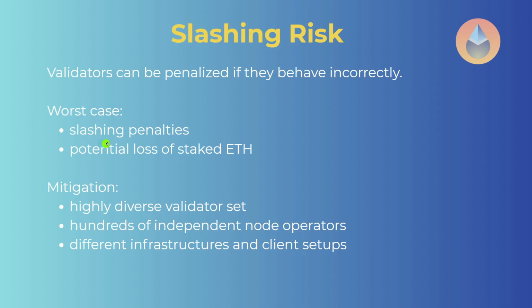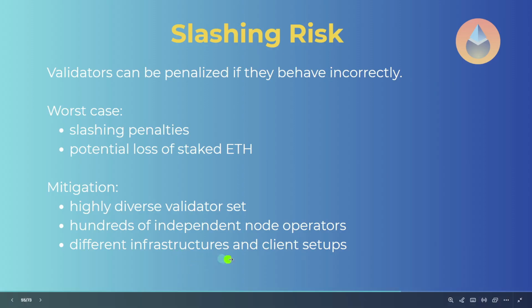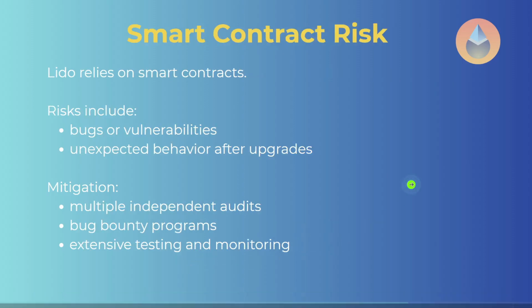In the worst case, slashing penalties mean potential loss of staked ETH. Mitigations applied by the protocol are a highly diverse validator set, hundreds of independent node operators, and different infrastructures and client setups.